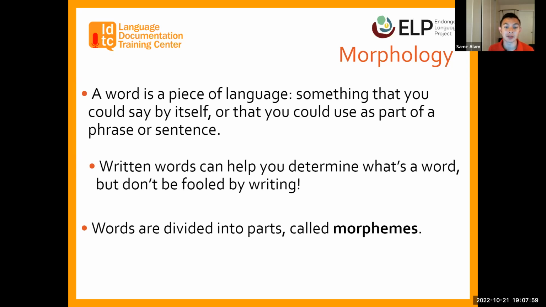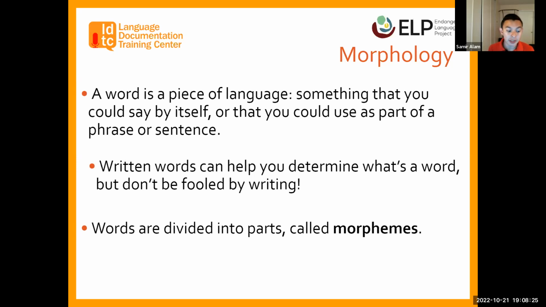Some languages might have words spaced out like in English, and some might not have any spaces between their words, so they might just write a sentence without putting any space. And beyond that, some languages aren't even written at all. So we can't only rely on the written language to determine what a word is.